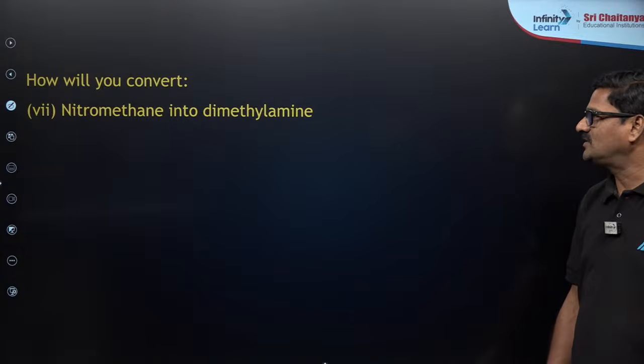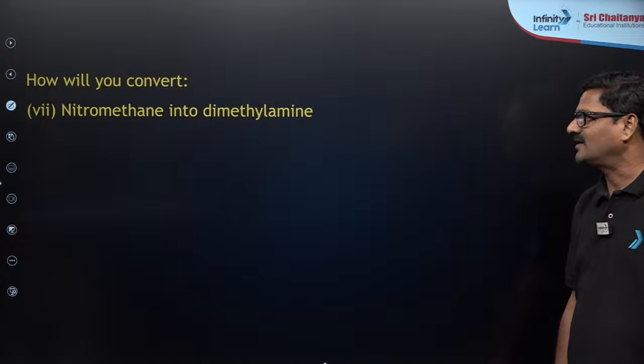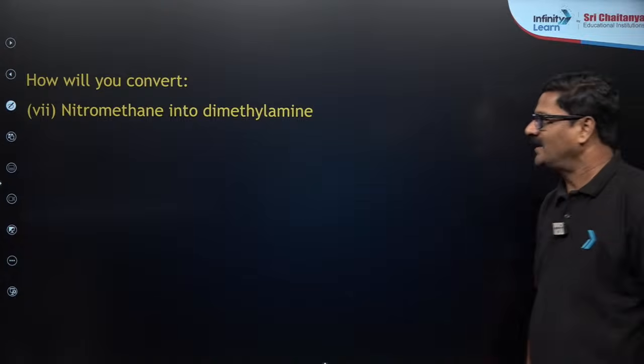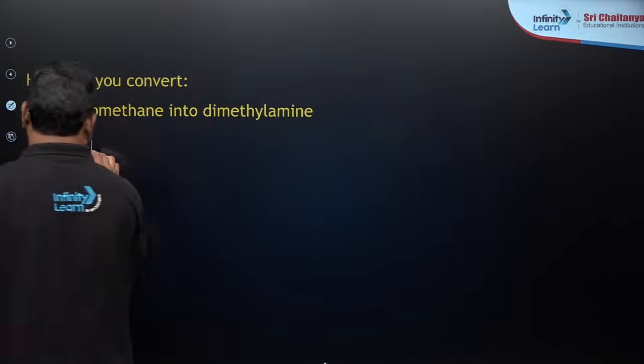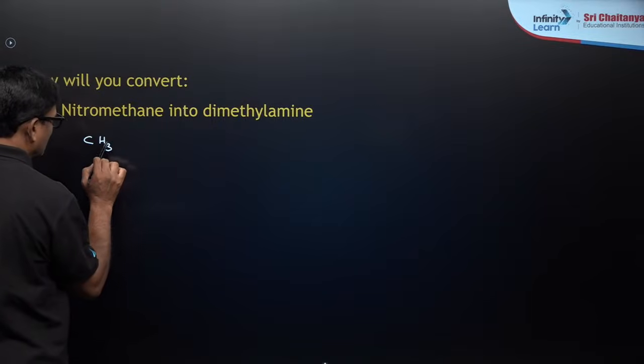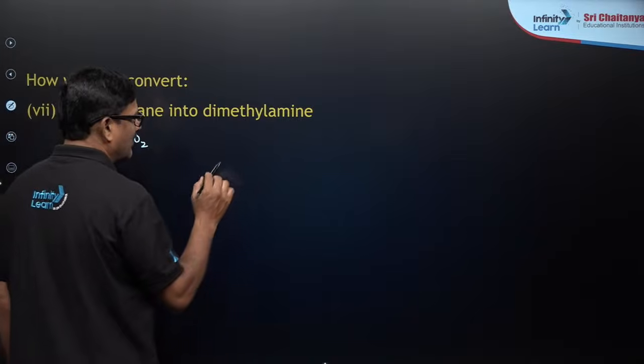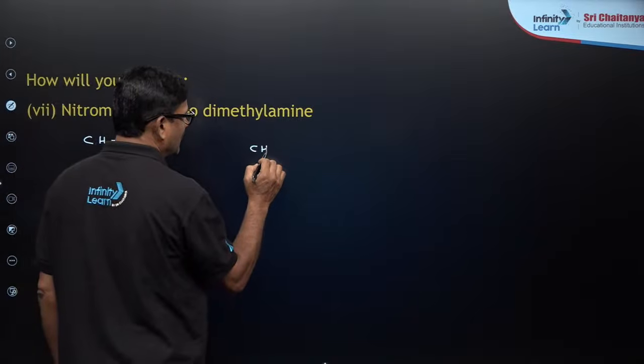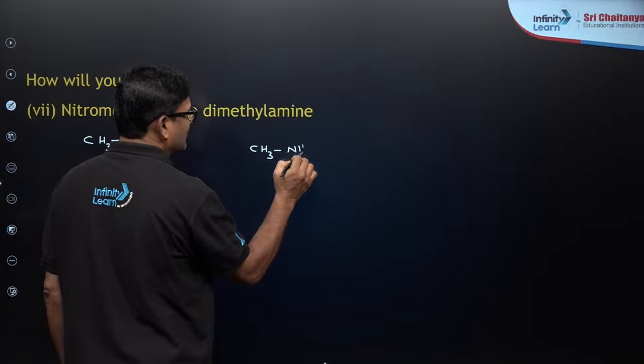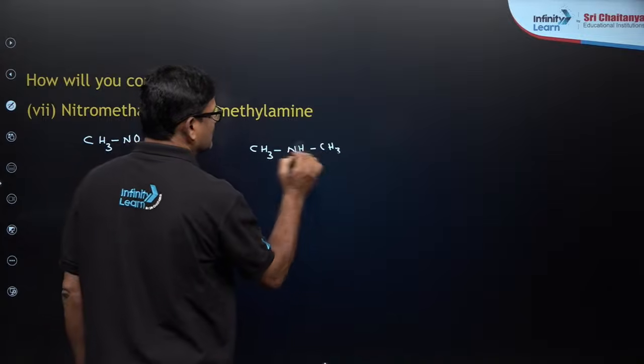Now nitromethane to dimethylamine. Nitromethane, CH3NO2, dimethylamine, CH3NHCH3.